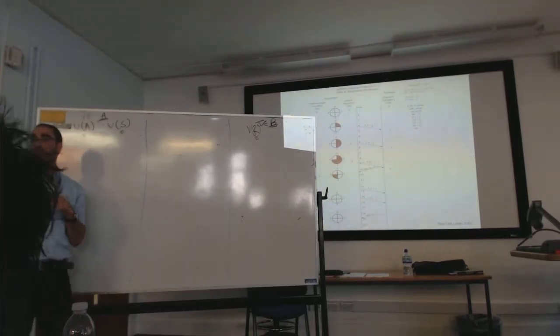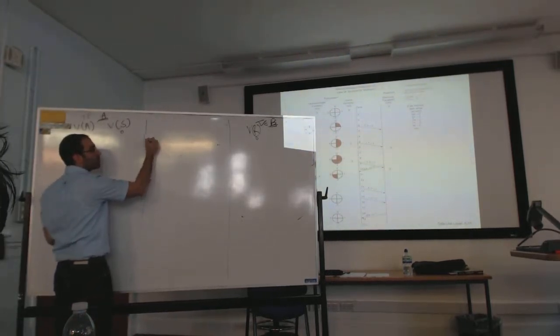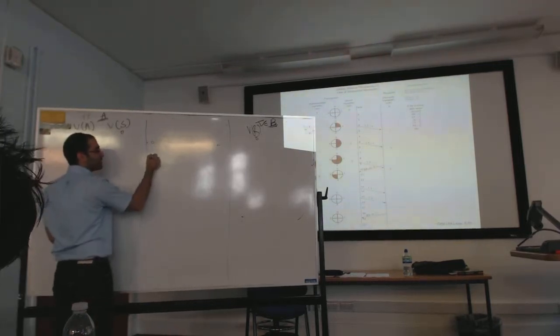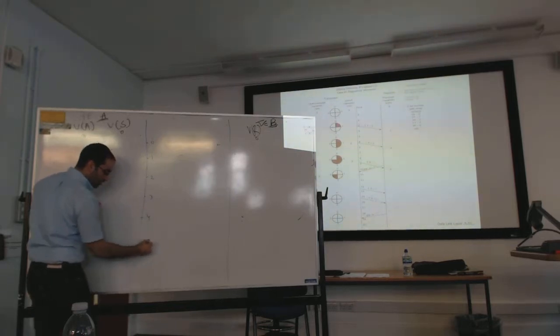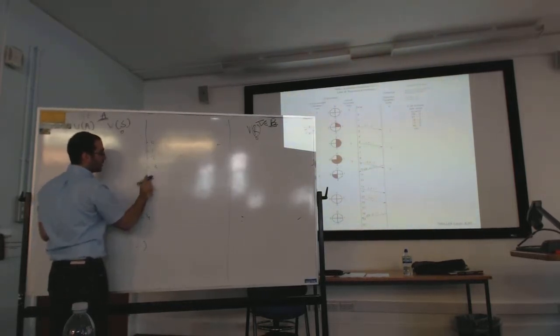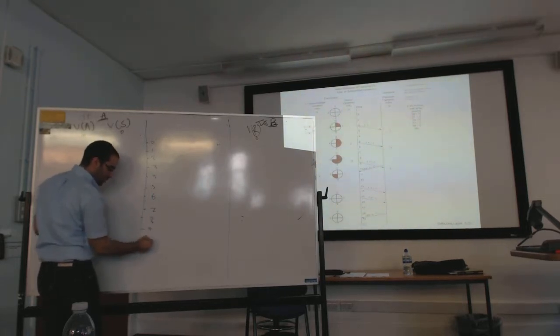Everything is bounded by time. Usually we start with 0, going on towards 10, 20, depending on the question. So let's say 1, 2, 3, 4, 5, 6. These are just seconds or milliseconds at the end of it.